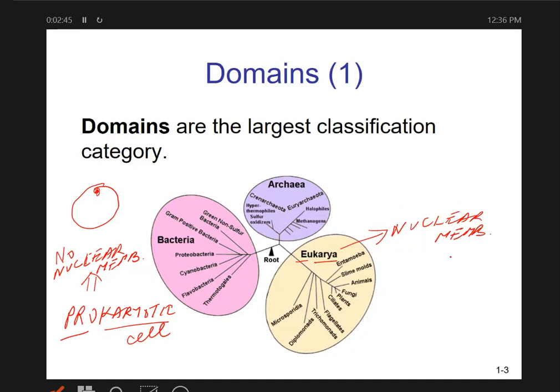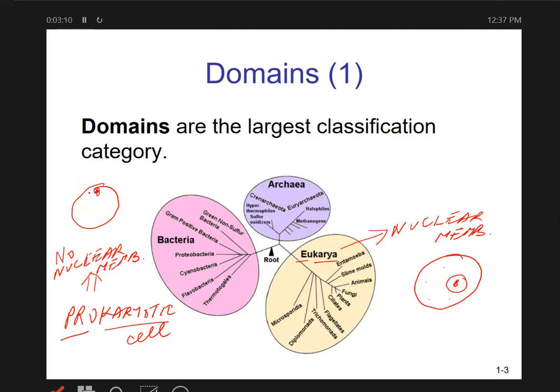So if you see the cell, it has the cytoplasm, or the living jelly, and then you'll have another membrane called the nuclear membrane. Inside the nuclear membrane you'll see the chromosomes. So the chromosome, unlike the prokaryote, is enclosed within another membrane. Once again, in the prokaryote there's no nuclear membrane. The chromosome lies in the cytoplasm.